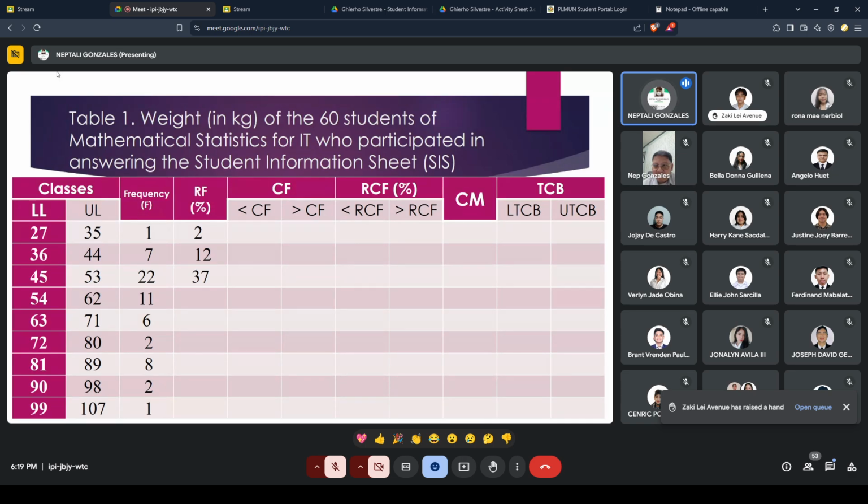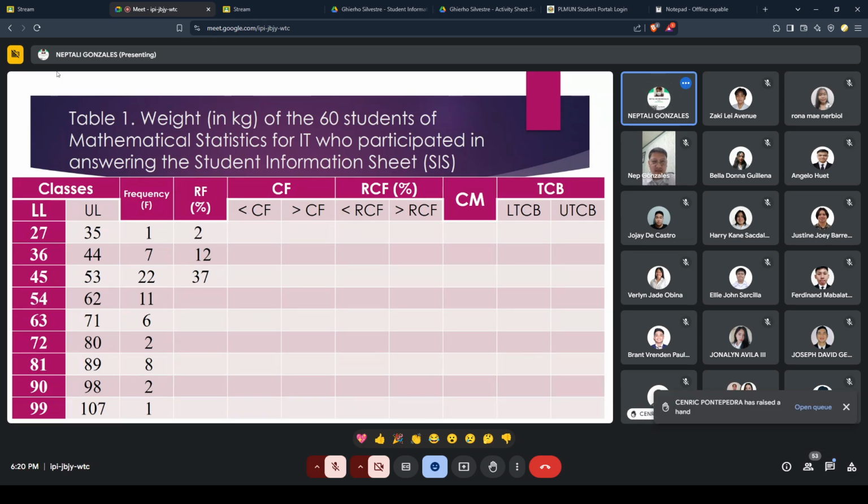What is the relative frequency of the next class, of the fourth class? Relative frequency. So aside from these two, they have recited already.